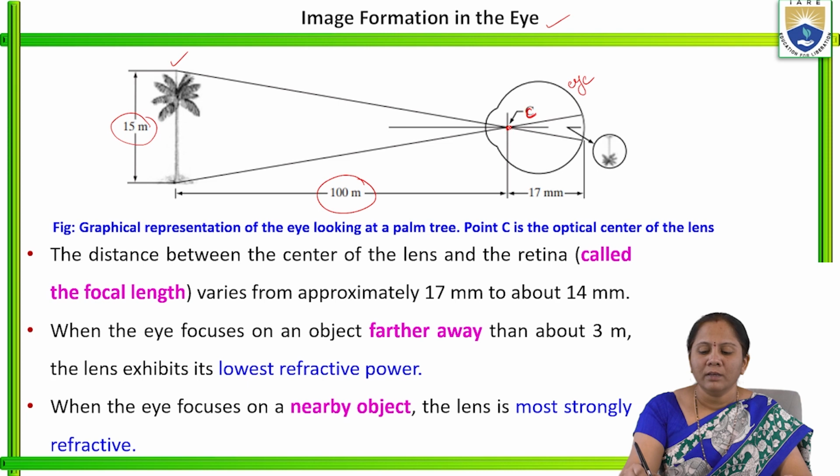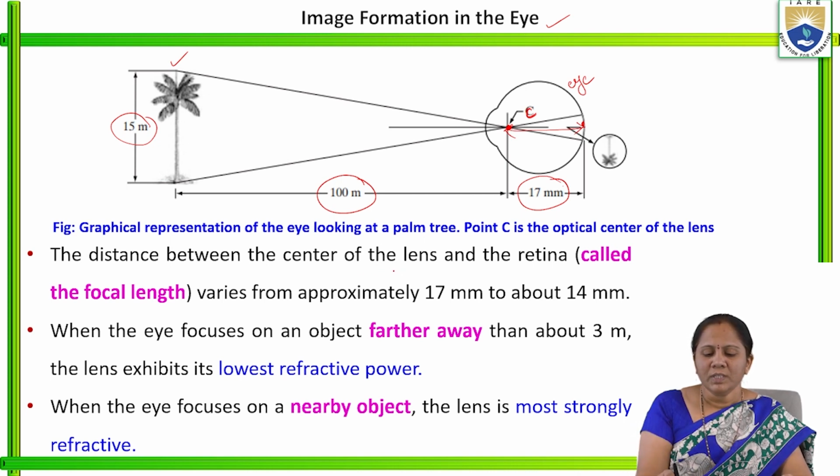Here we will have the retina. The distance between the center of the lens and the retina is given as 17 millimeters. Considering all these aspects, we have to discuss how the image will be formed in the eye.